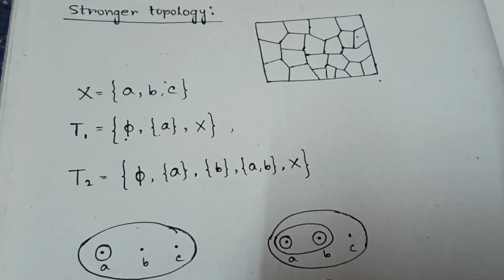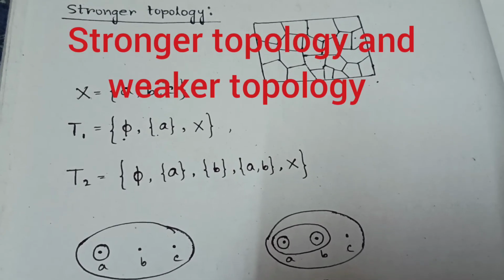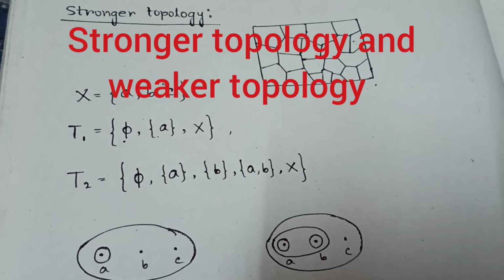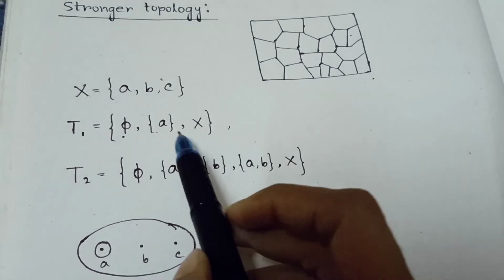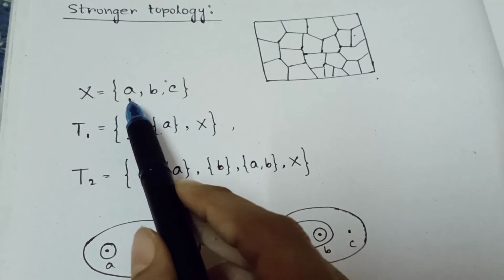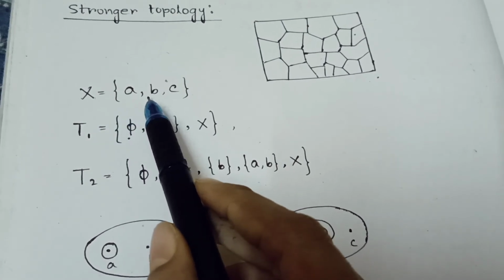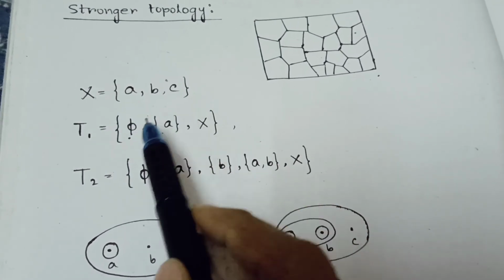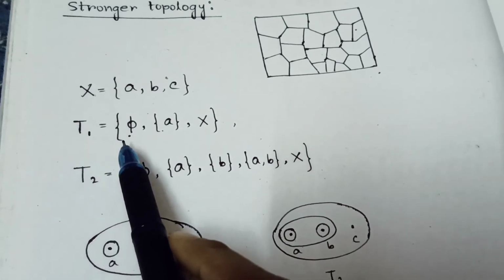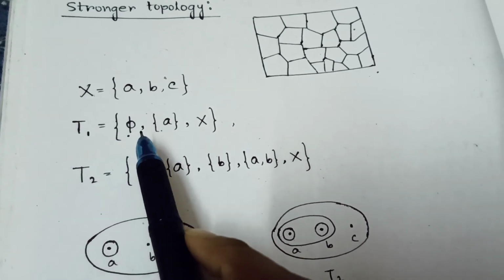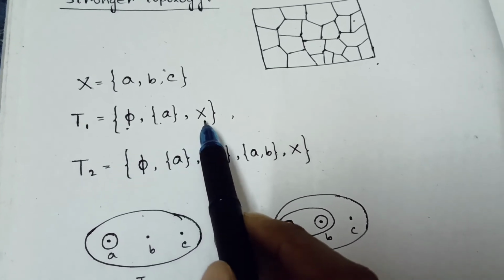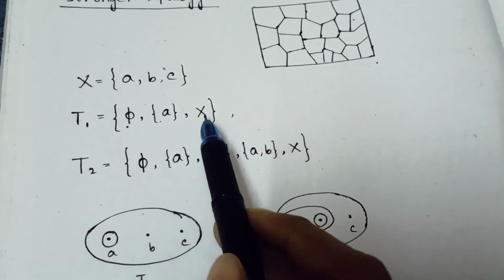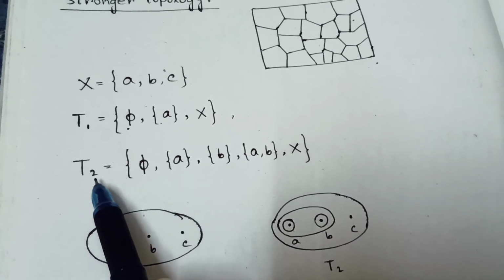Now let us discuss a very important topic, which is called stronger topology or weaker topology. Well, if I take a set X containing 3 elements a, b and c, and T1 is a topology defined on X such that T1 is equal to {phi, {a}, X}. This forms a topology, right? And so does T2.